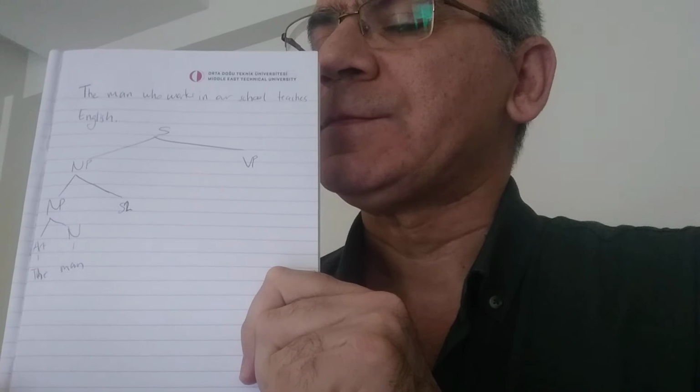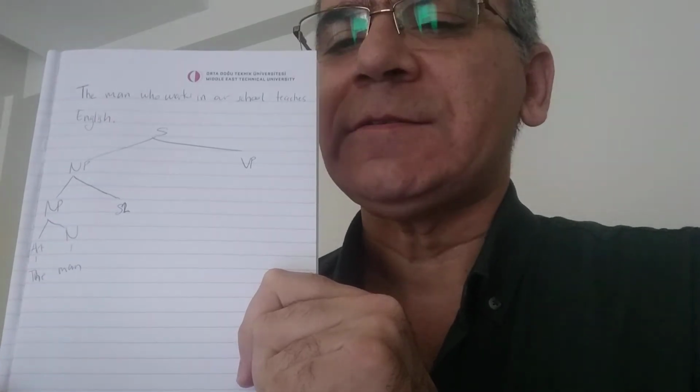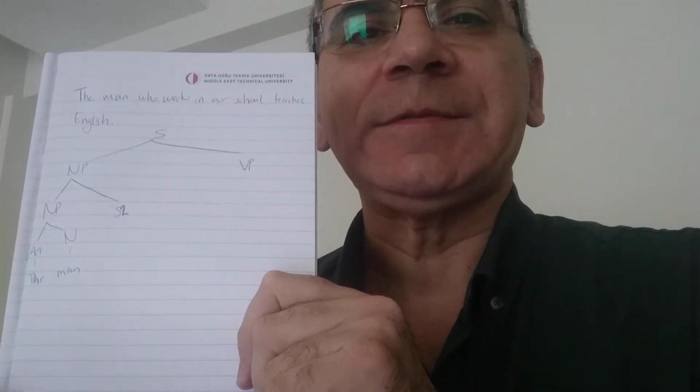We have to divide sentence 2 from the noun phrase part. So what's it going to be? What does who refer to? Who is that who?